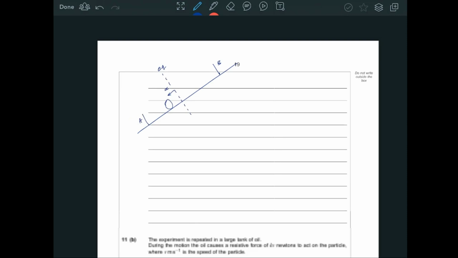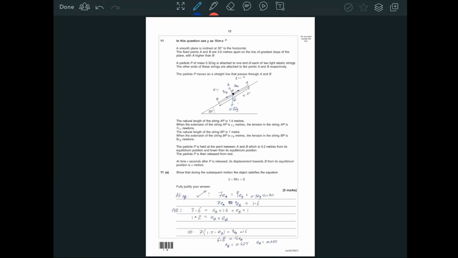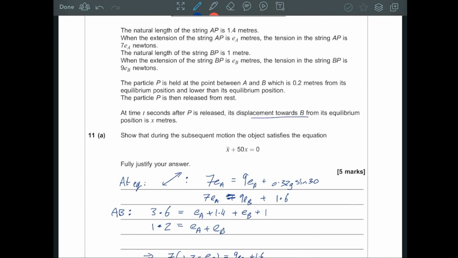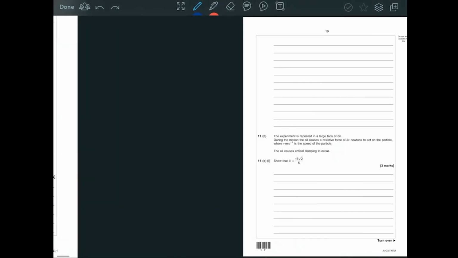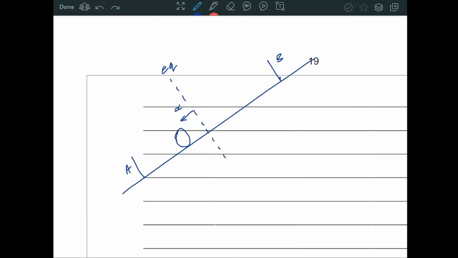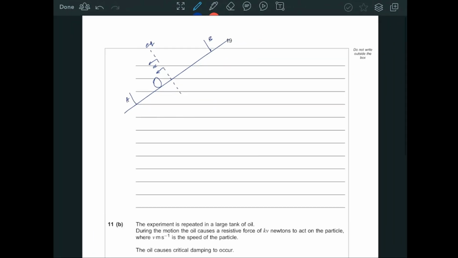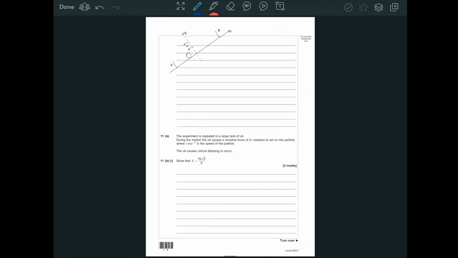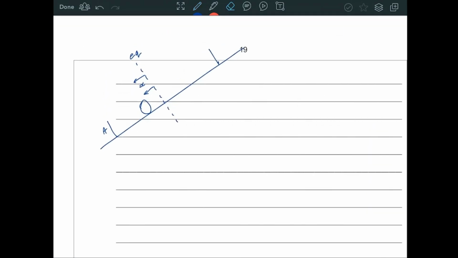Now, do I want to take up the slope or down the slope to be positive? Its displacement towards B is x. So I need to be taking the x to be down the slope. And I've labelled my A and B the wrong way around, haven't I? So B is down here, A is up here, x dot is going that way, x double dot is going that way.